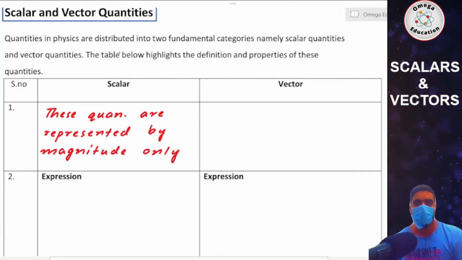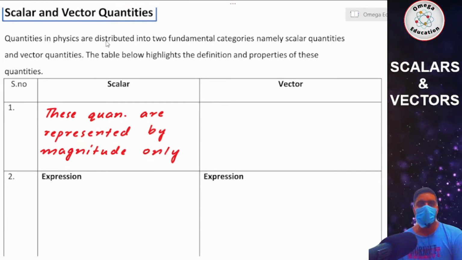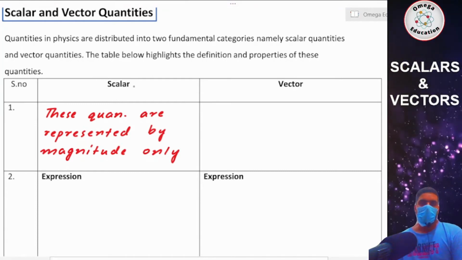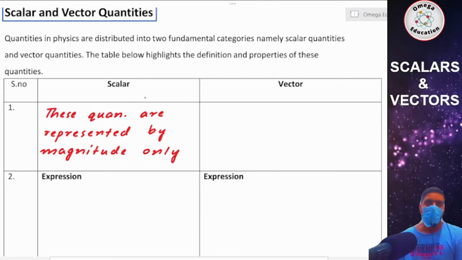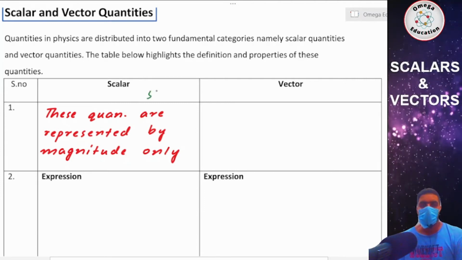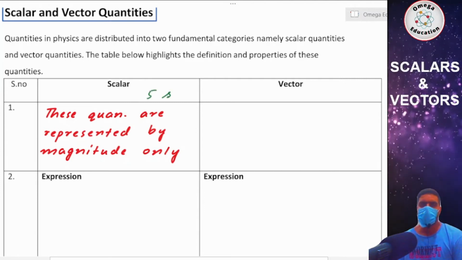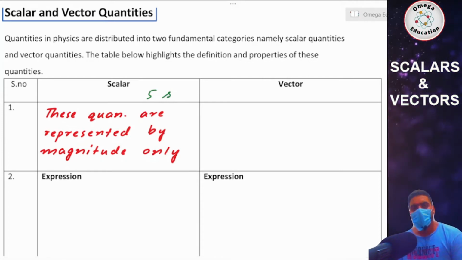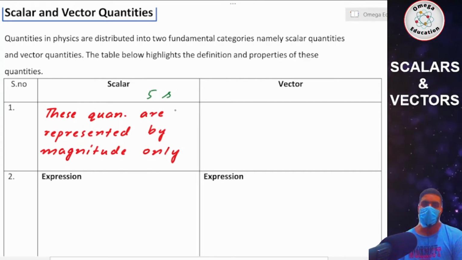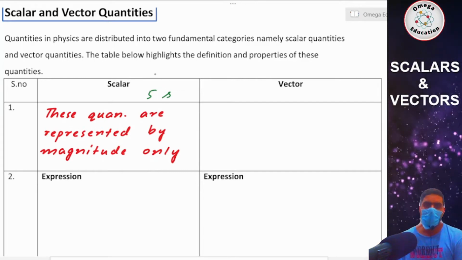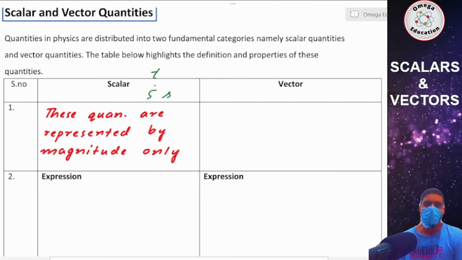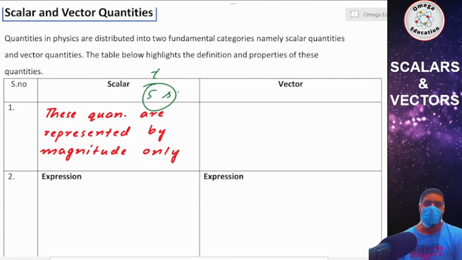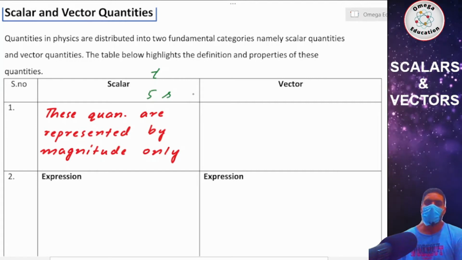For example, someone says that there's a guy and he took 5 seconds to answer a question, right? It was shown in an MCQ and it took 5 seconds to answer that MCQ. Now 5 seconds, we understand second is the unit of time, so we are measuring a physical quantity, time, and the value of that physical quantity is 5 seconds.